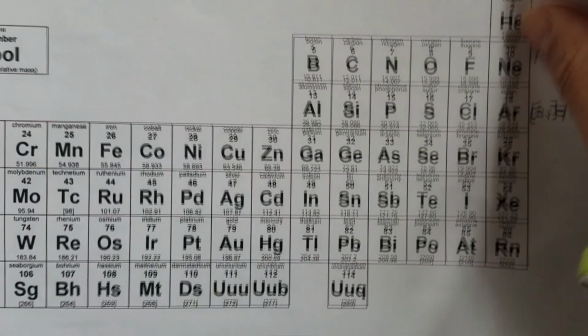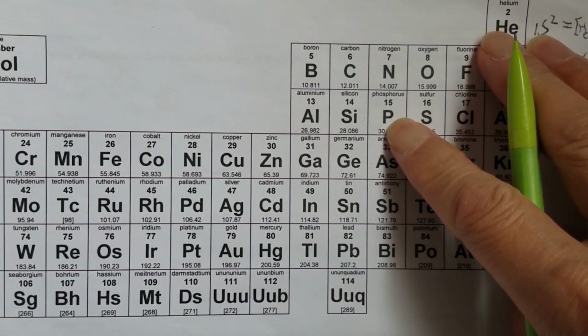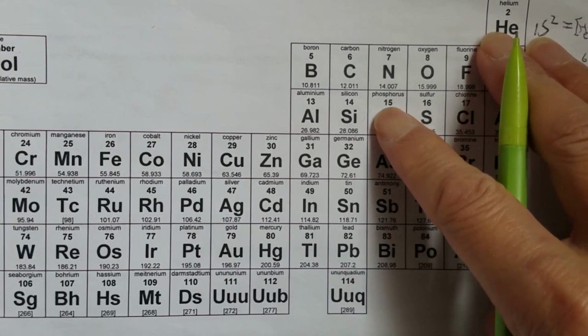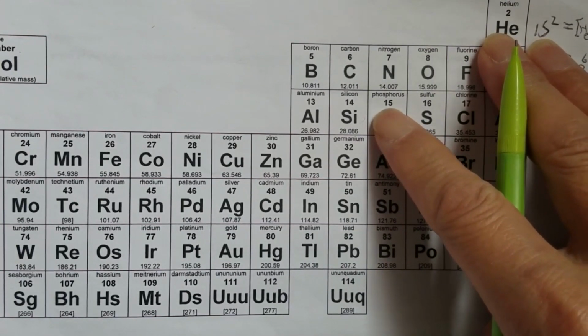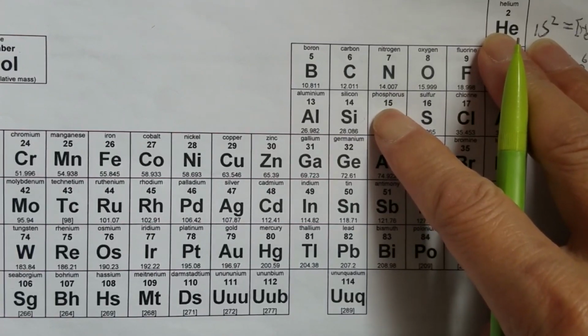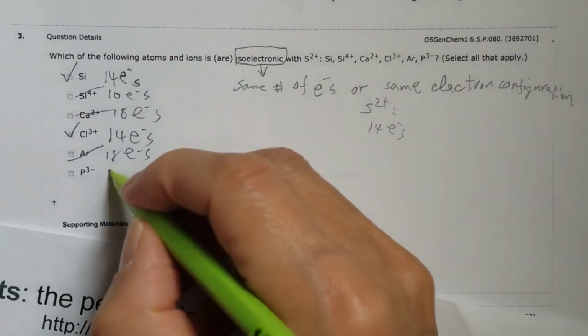Phosphide, the phosphorus atom should carry 15 electrons. Now 3 minus means it gained 3 more electrons. 15 plus 3, that should be 18 electrons again.